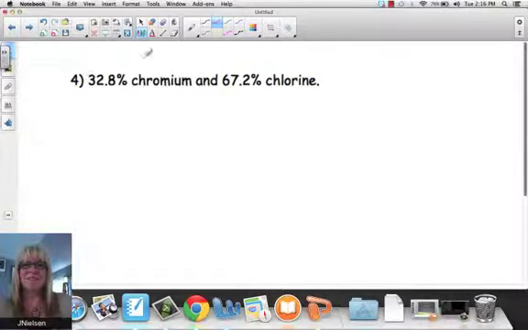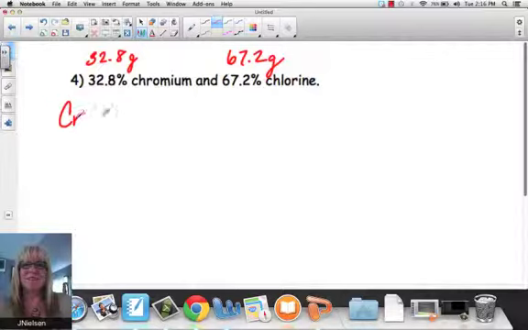Okay, let's try another one. Again, this is the same as 32.8 grams of chromium and 67.2 grams of chlorine. So I've got grams, so now I need to do grams to moles.